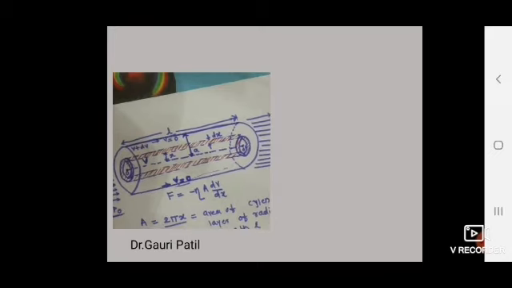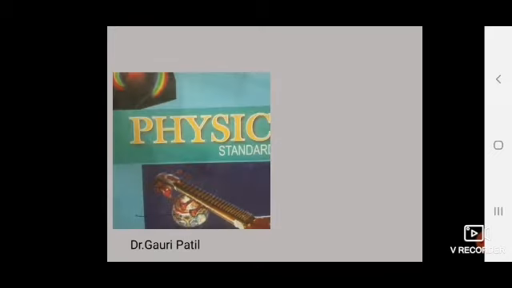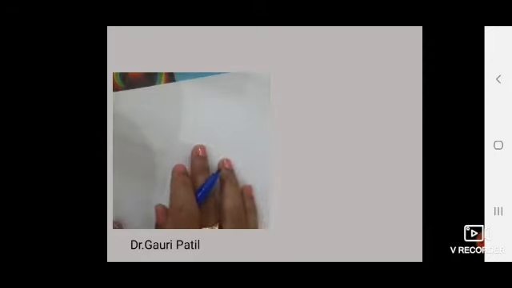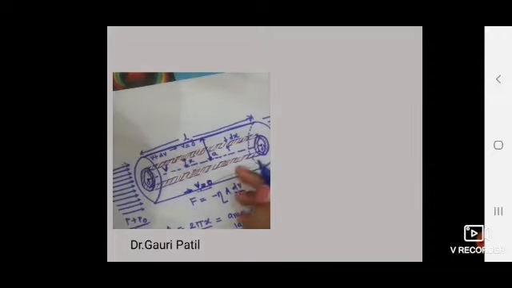After that, now consider another coaxial cylindrical shell of the liquid of radius x plus dx, and the cross-sectional area between the two shells is 2 pi x dx. Here in this figure, x plus dx means that much distance, this is the x.